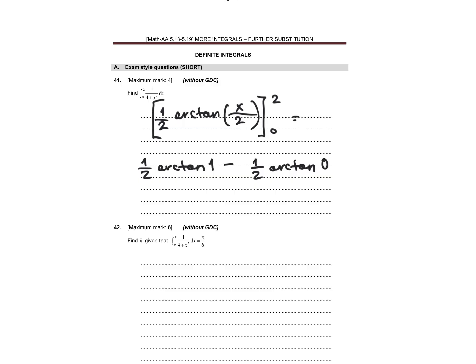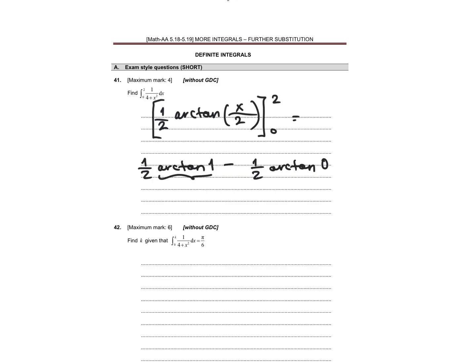So now we've got to think. Remember, arctan goes from negative pi over 2 to pi over 2. So when is tangent 1? That's happening at pi over 4.